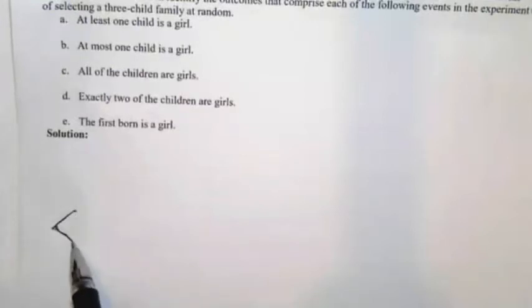So the line segments are the branches of the tree, and the right end point of each branch is called the node. And the nodes on the far right will be the final nodes, and those will correspond to the outcomes as we saw in the previous picture on the video.